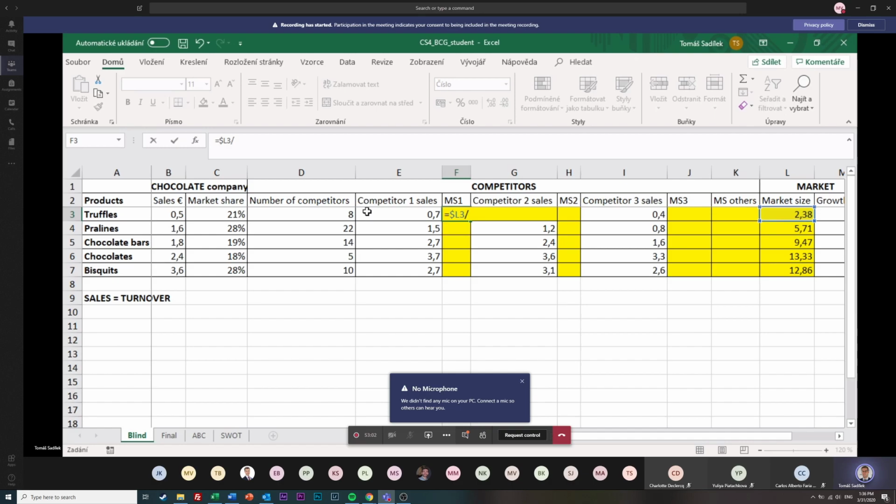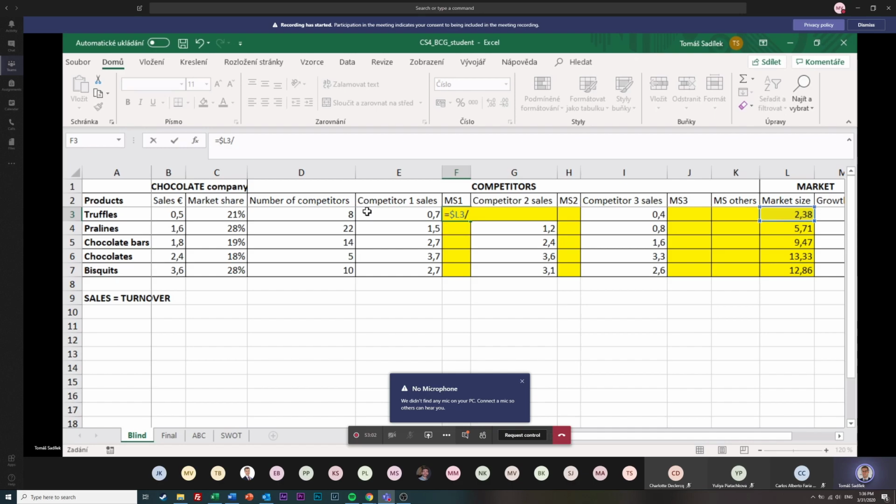I would recommend using dollar signs, so write dollar L3 divided by E3, because we're going to copy this formula to other columns, so we can speed it up in this way. That's the formula for calculating the market share of competitor number one: market size divided by the competitor sales. So how is the share of competitor one sales in the total market? And the result should be 3.4.